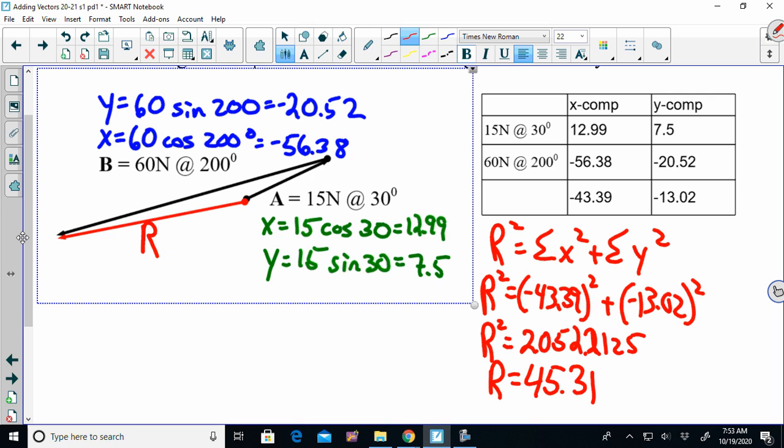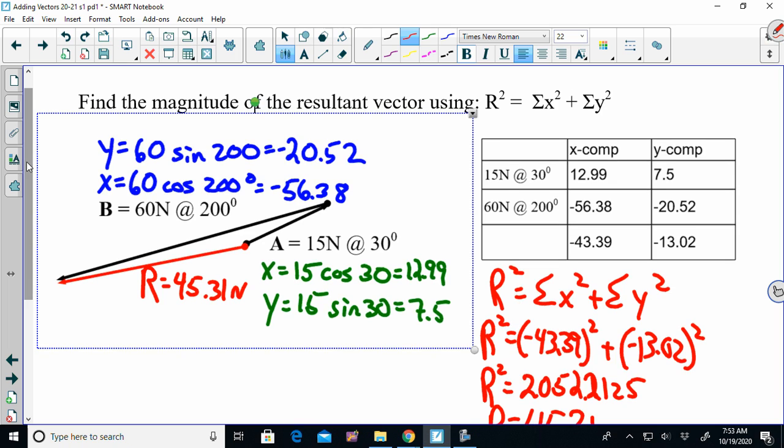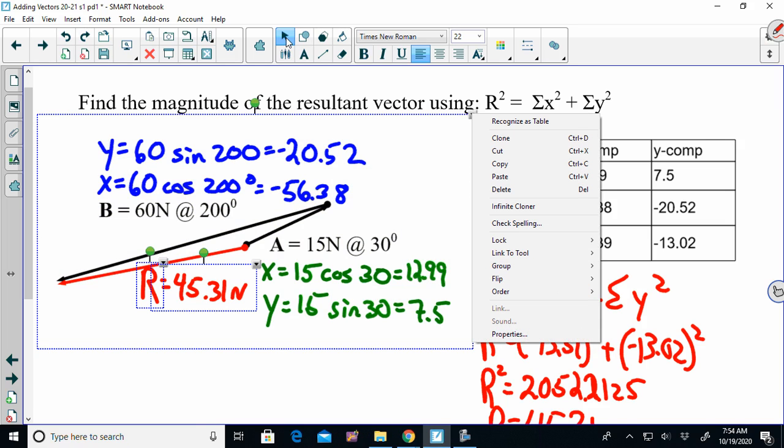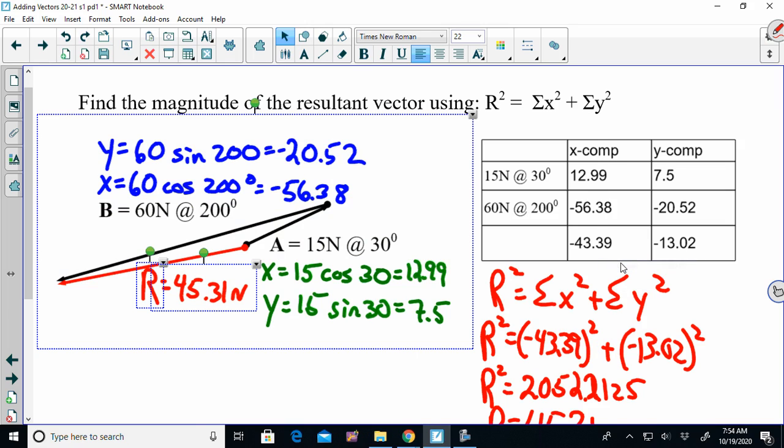Okay, that's my magnitude. 45.31 newtons. So let me add that to my drawing here.